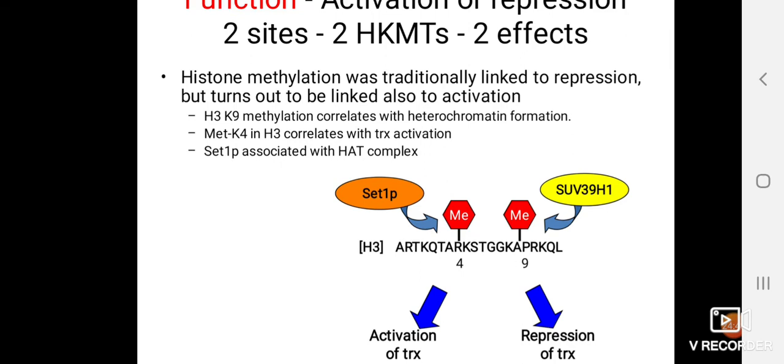K9 methylation causes the particular portion of the nucleosomes or chromosome to become heterochromatin structures where transcription will not be seen, and if K4 gets methylated, then transcriptional activation is seen. So Set1 associates with the HAT complex and causes methylation of K4, and SUV39H1 causes K9 methylation, which causes repression.